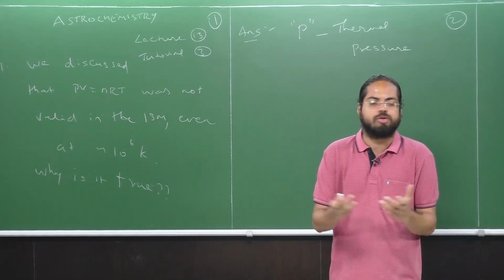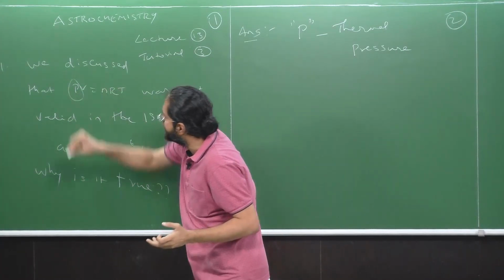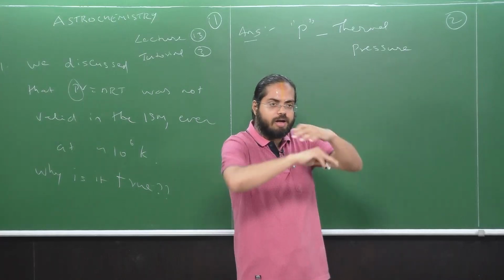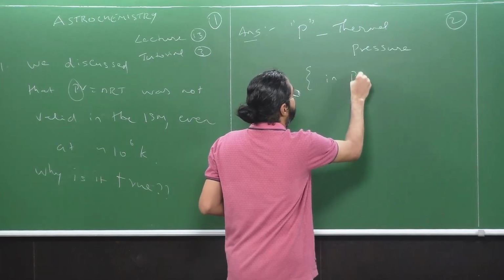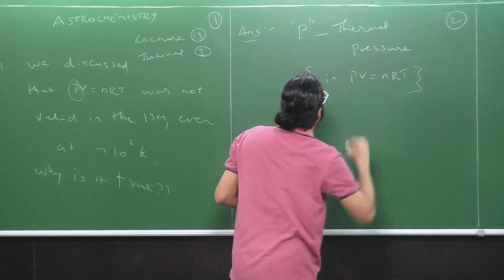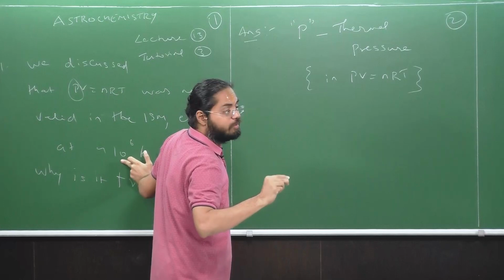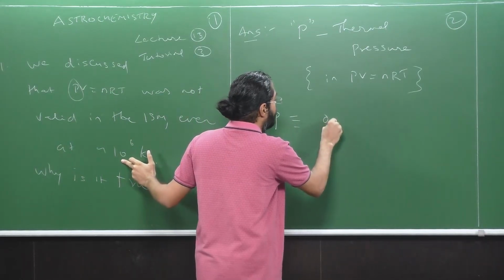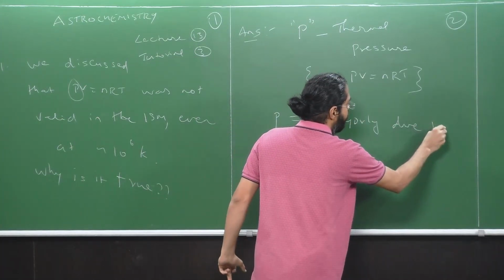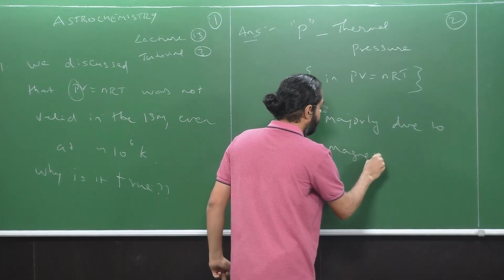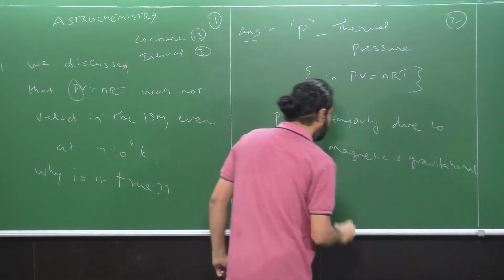When the molecules are not present, the net pressure in that environment at such a high temperature of approximately 10 to the power 6 Kelvin is only due majorly to magnetic and gravitational turbulence.